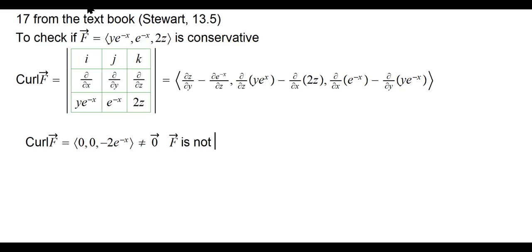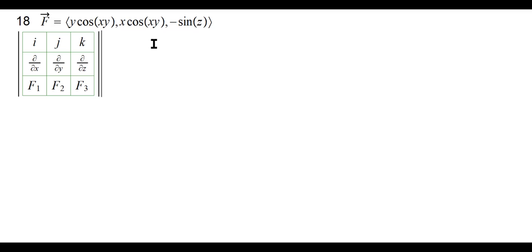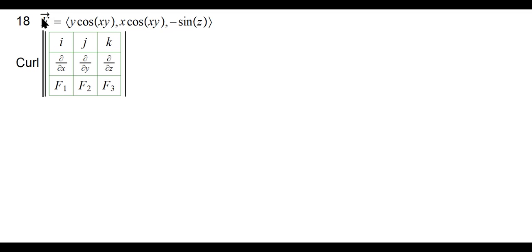Now, let's take the next example from the book itself. So here we have this vector field, and what we want to do is calculate the curl, okay, just to check whether this is not conservative, right?